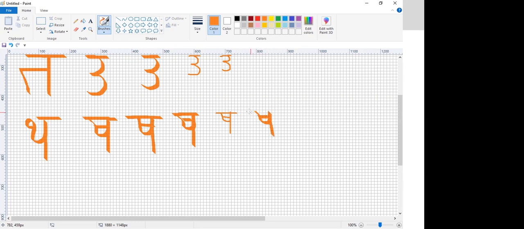You can put a Shirorekha first also. You see how I had done the first one? I do a Shirorekha first, then a slight curve. Slight curved. You see, there is a small artistic curve here, and there's a curve here.